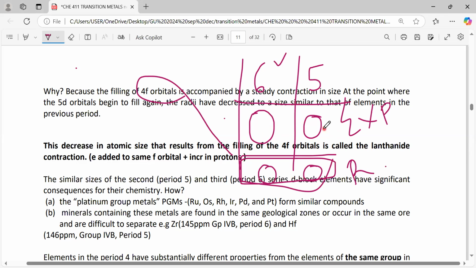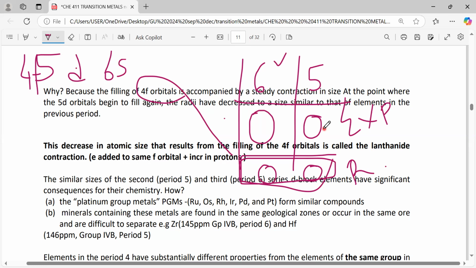But remember period 6, how it looks like. In period 6, you have 5d and 6s. But before that, you have 4f.